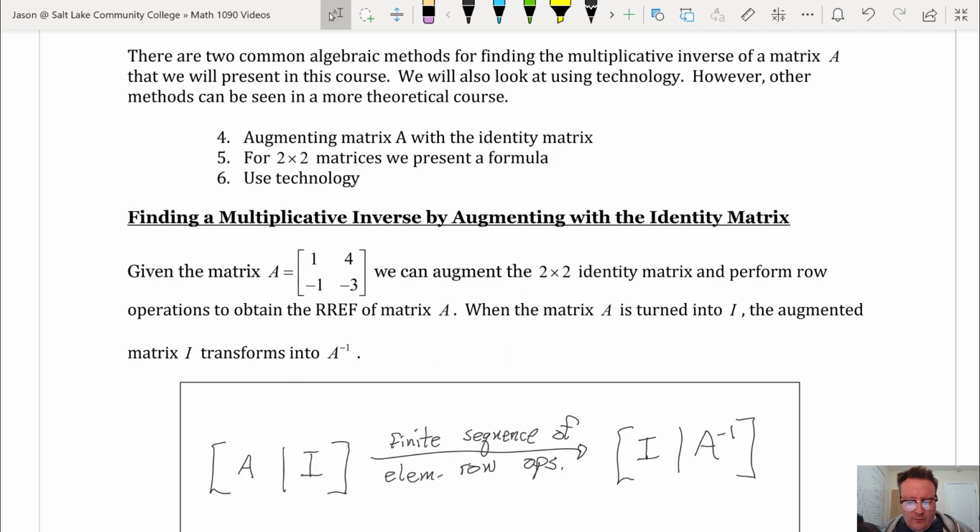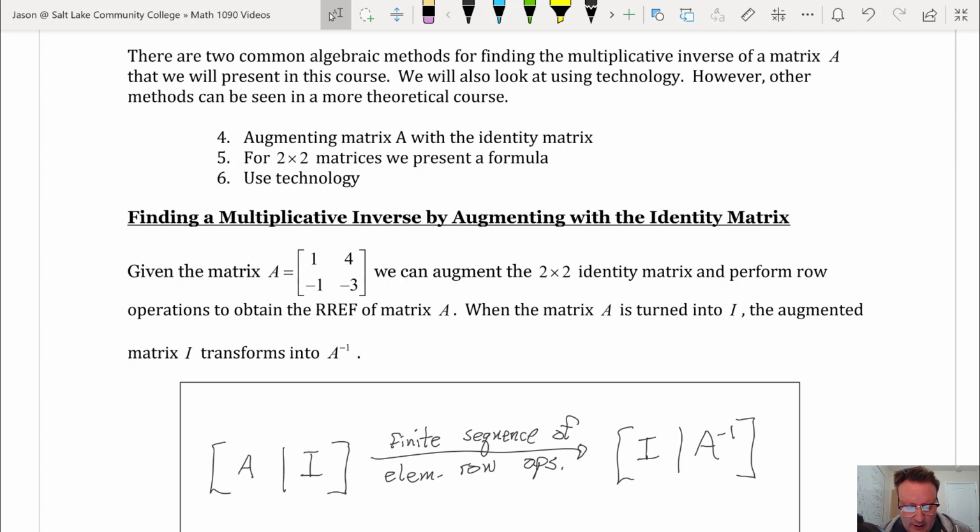Okay, so there are two common algebraic methods for finding the multiplicative inverse of a matrix A that we will present in this course. We will also look at using technology. However, other methods can be seen in a more theoretical course. There's actually a lot of ways to compute inverse matrices, like Cramer's rule, the adjoint method, and several others.